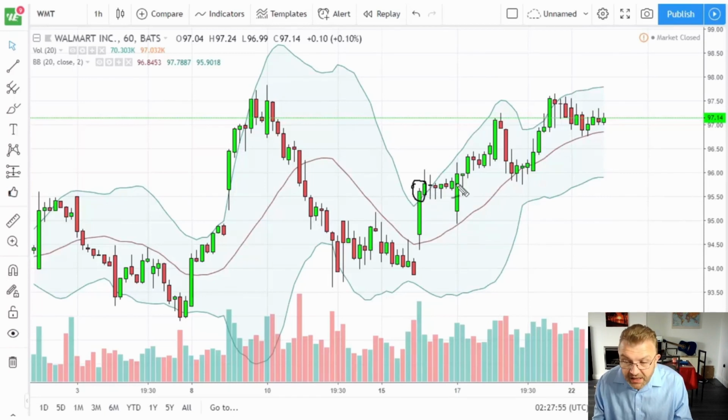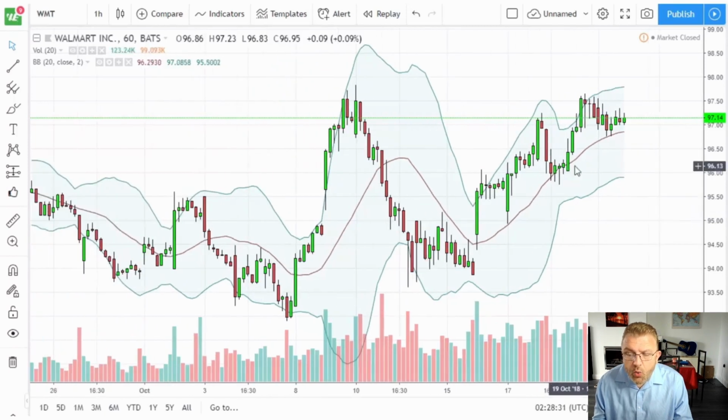That's too expensive, so we came back down to the SMA and bounced from there. You won't be too concerned about the markets being overbought until you close outside of the two standard deviations. So your entry is 95, your exit's about 97.5. It's a nice little trade.